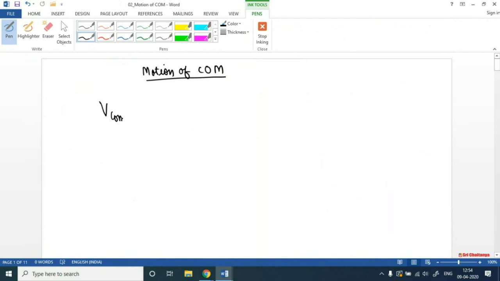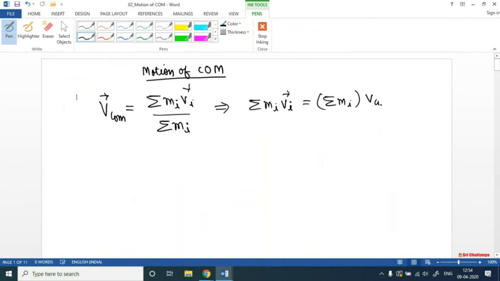So velocity of center of mass will be given by summation of mi vi upon summation of mi. Okay, and rearranging this formula, we can also say that summation of mi vi will be the total summation of mi times velocity of center of mass.